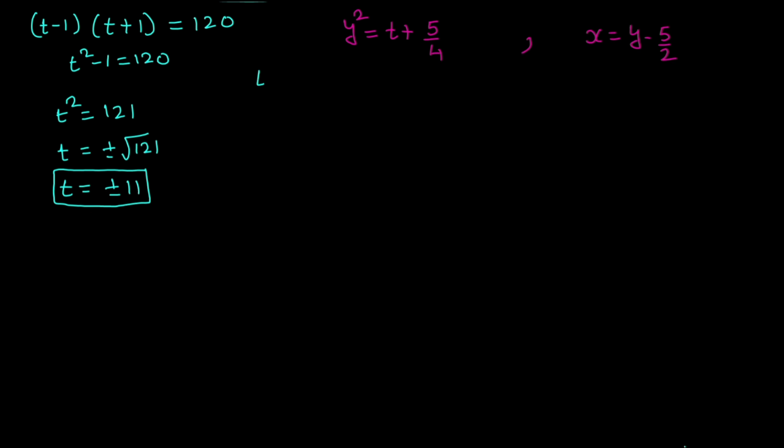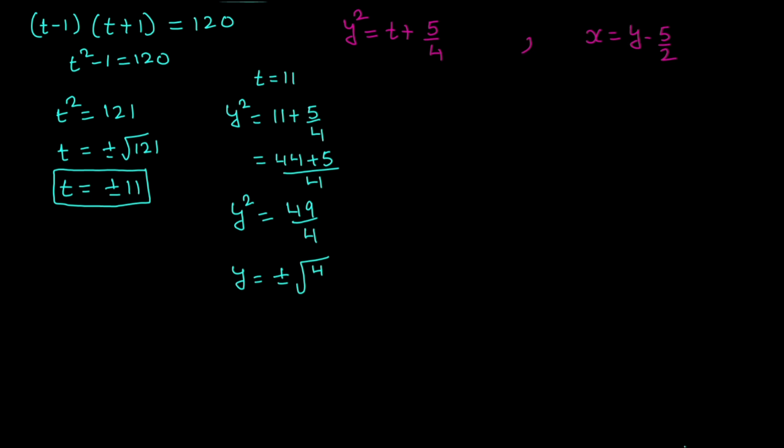So we got the value of t is equal to plus minus 11. We put one by one: t is equal to 11, and get y square is equal to 11 plus 5 by 4, which comes to be 44 plus 5 divided by 4. So y square comes to be 49 by 4, and from it we get the value of y is equal to plus minus square root of 49 by 4, and comes to be plus minus 7 by 2.